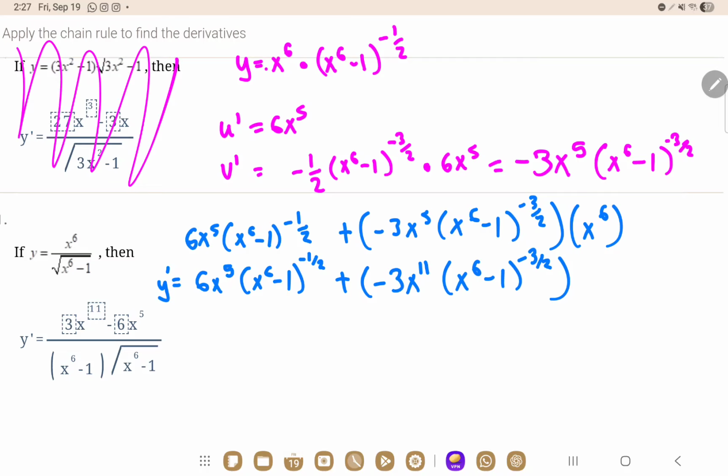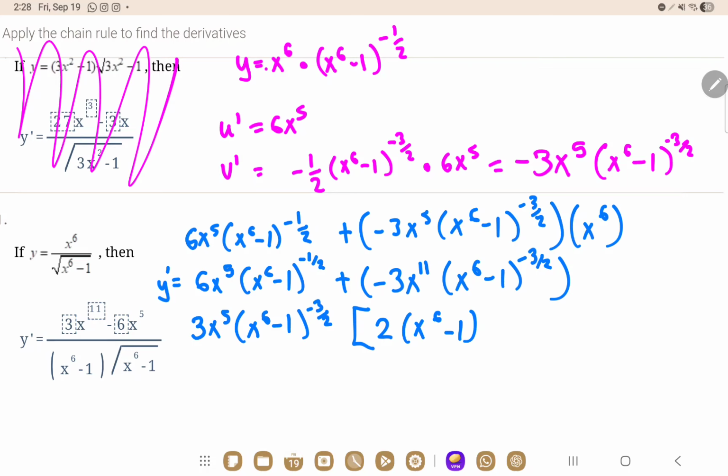Anyways, we can factor out 3x^5 into x^6 minus 1 to the power of negative 3 over 2, because it's the smaller exponent. This leaves 2, because we cancelled out x, into x^6 minus 1 to the power 1. You're going to ask why the exponent is 1.